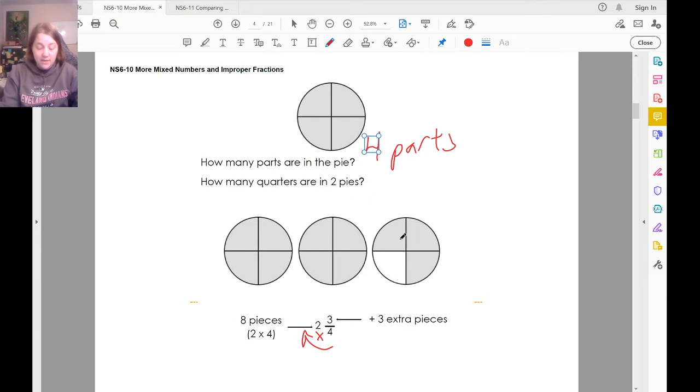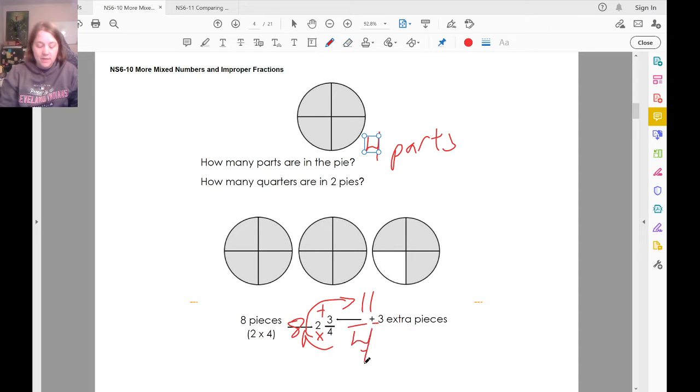Then we have this little piece over here that has an extra 3 slices. So what I'm going to do with that is add in those extra slices. 2 times 4 is 8, and then add in that 3. 8 plus 3 is 11. So that is going to be 11, whoops, excuse me, I'm so stuck on the last page, ignore that.